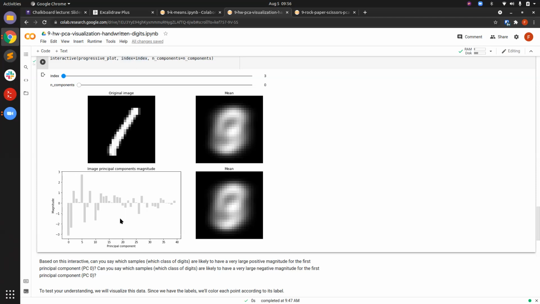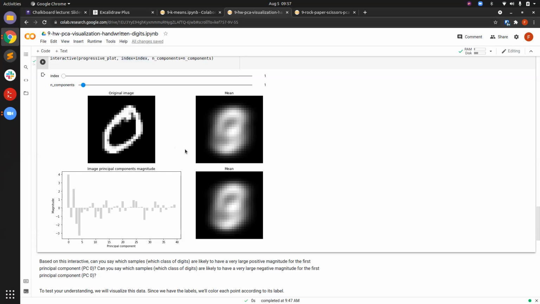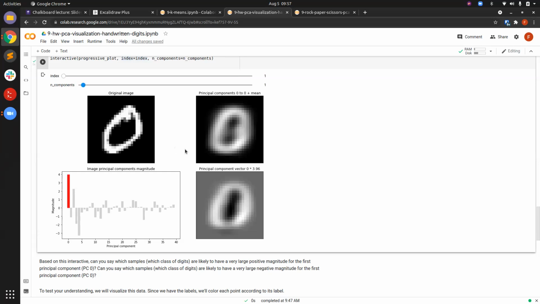Okay, so here's a 1. This one is interesting in particular because remember just a moment ago we looked at a 0, and we said that for a 0, it will have a very large positive magnitude for principal component 0, because principal component 0 says this space should have writing in it and this space should not have writing in it.